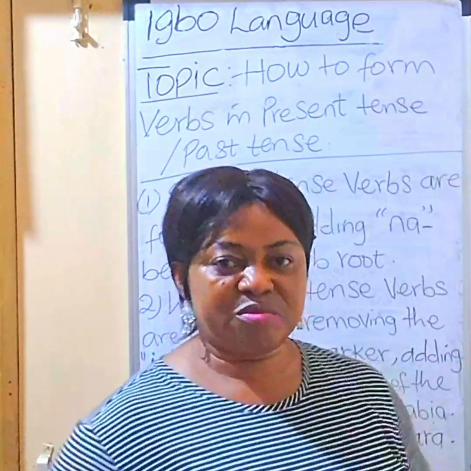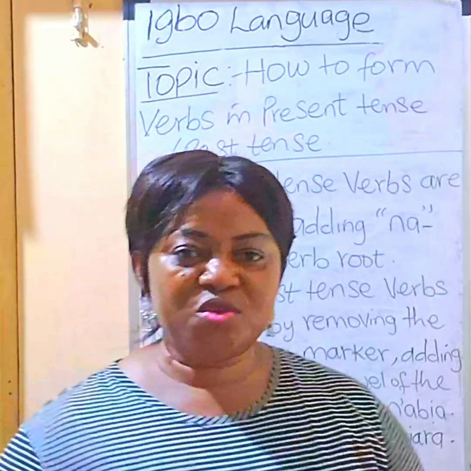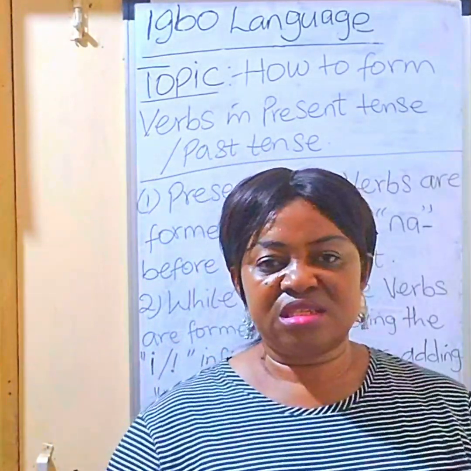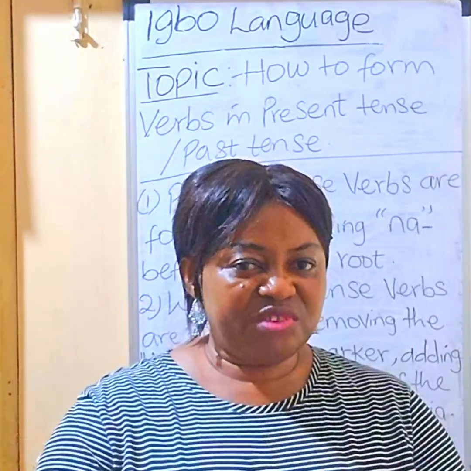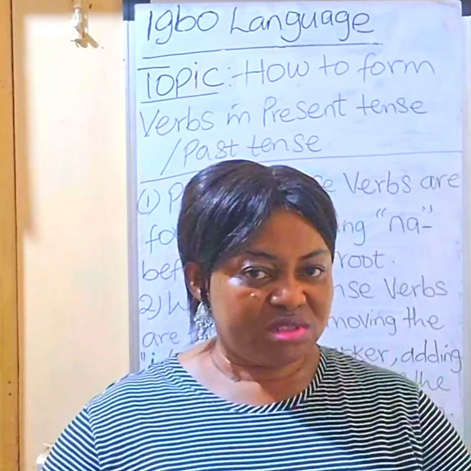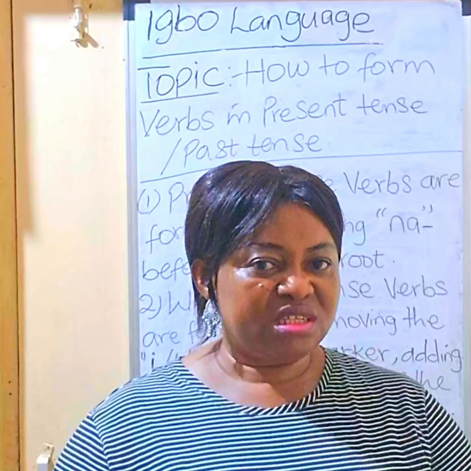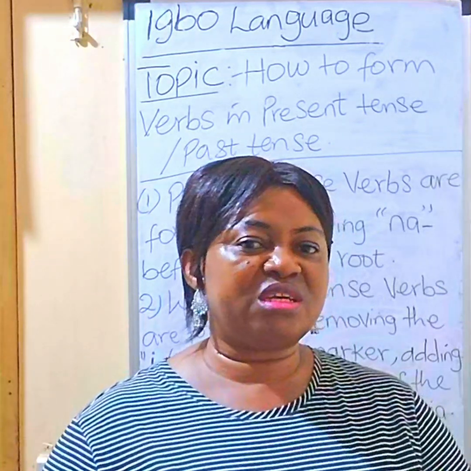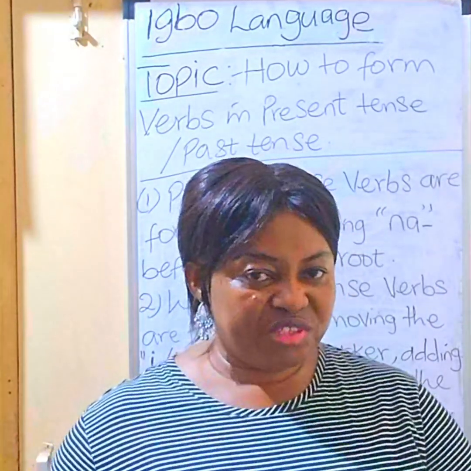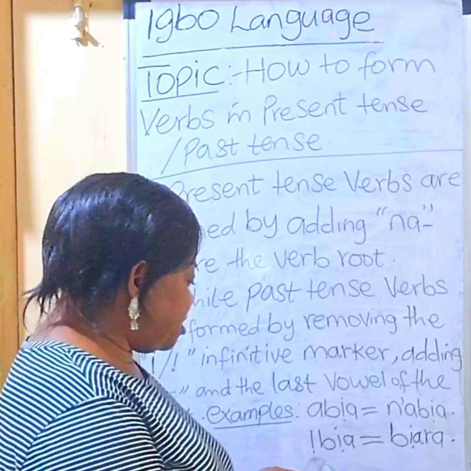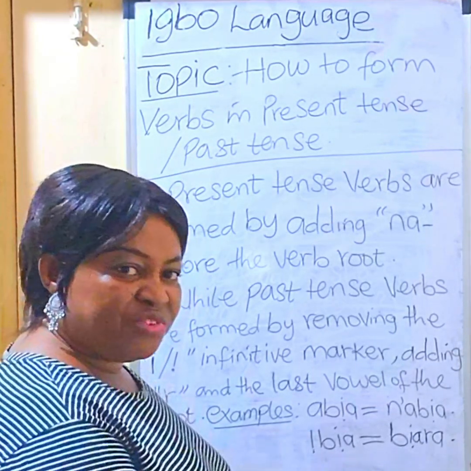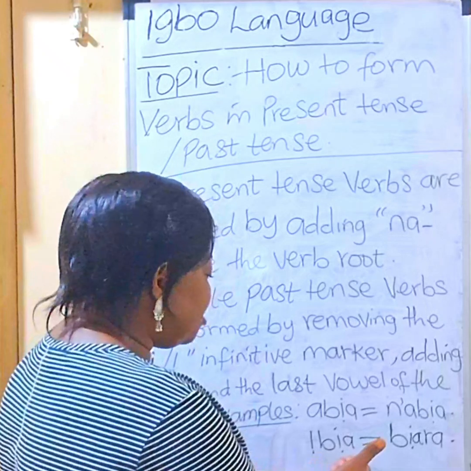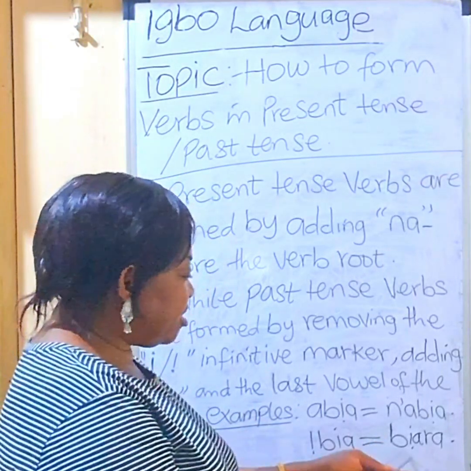That is what we mean. So when you want to write a verb in past tense, you remove the infinitive marker, that is the prefix, any prefix before the verb root, you remove it. Look at our prefix here, infinitive marker e. When you remove it, you take only the verb root bia and write here.